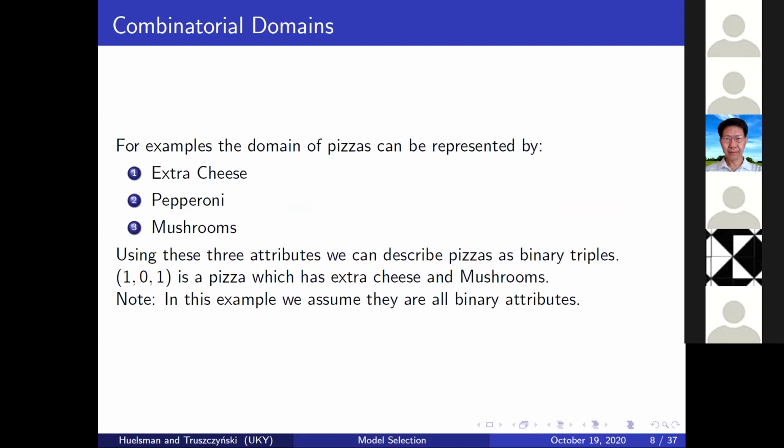We can describe a pizza as a binary triple. For example, the triple 101 is a pizza that has extra cheese and mushrooms. We assume binary in most cases because it makes a lot of things work easier, but we could imagine worlds where we have multiple values for a particular attribute. We just happen to deal with binary mostly, and that's the way the literature handles it.